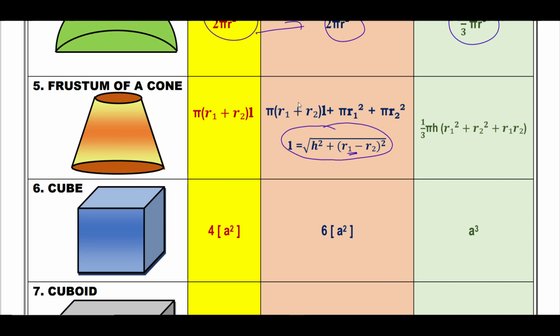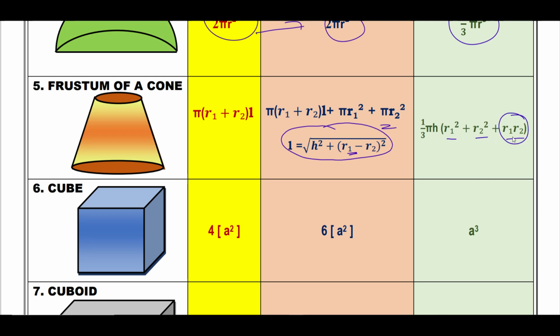And also TSA of frustum of cone is pi (r1 plus r2) L plus pi r1 square plus pi r2 square. And also the volume of frustum of cone is 1 by 3 pi h (r1 square plus r2 square plus r1 into r2). Many of the students, what they do, r1 square plus r2 square plus 2 (r1 plus r2).